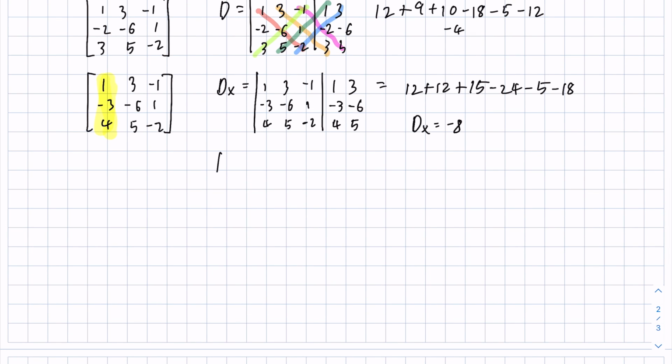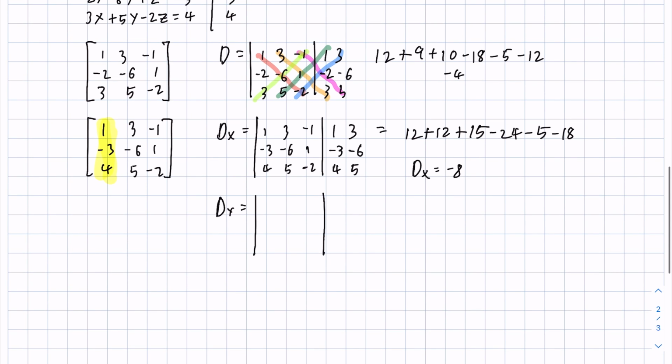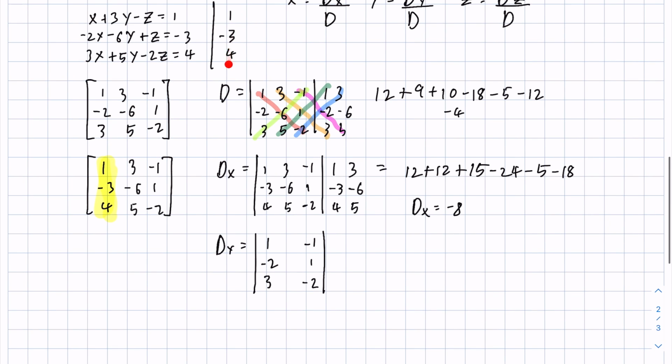Let's get Dy. And again, instead of swapping the x column, now you swap the y column with the values after the equal sign. So I'll have the same values before. So -1, 1, -2. I'll have the x column 1, -2, 3. That's the same thing as the original one. Now we swap the y column with the values after the equal sign.